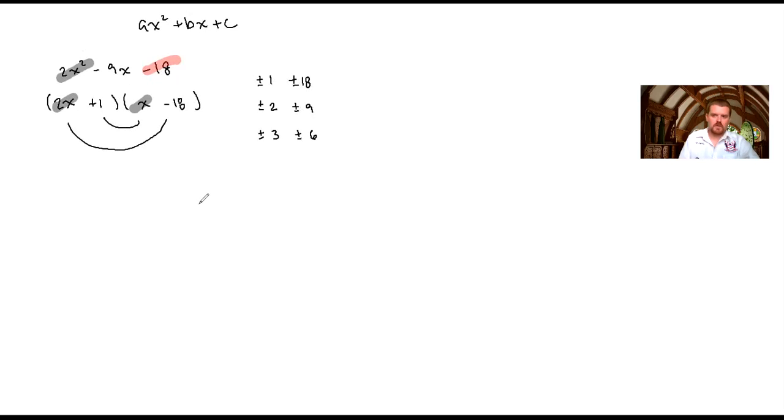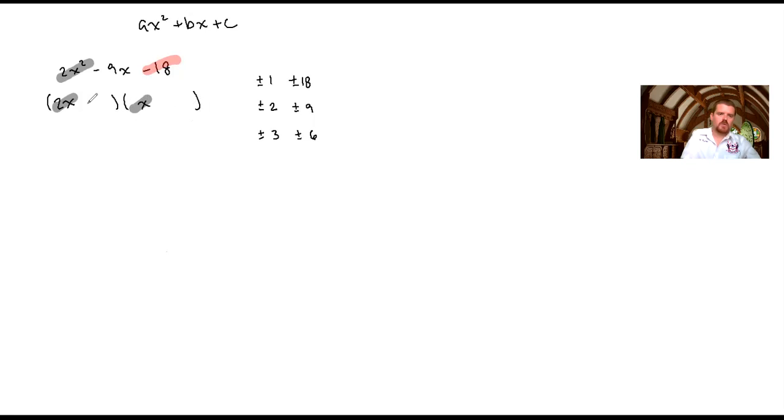That ends up being negative 35, which is too high. So it's probably not going to be any combination of 1 and 18. So maybe I go to the next one. Try 2x minus 2 and x plus 9. 2 times 9 is 18, minus 2, that's 16, still too high. So it's probably not going to be any combination of those.